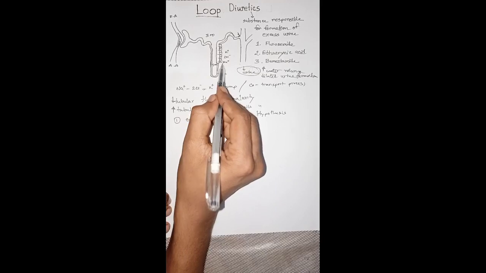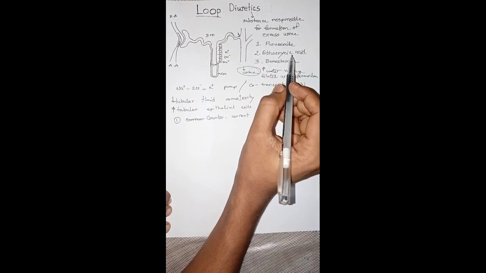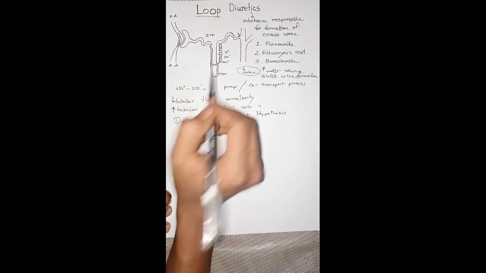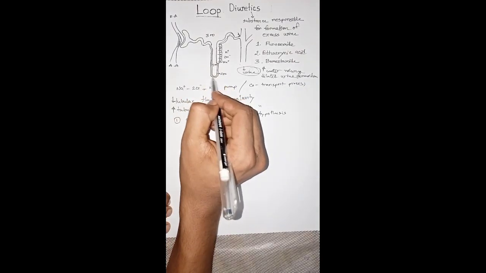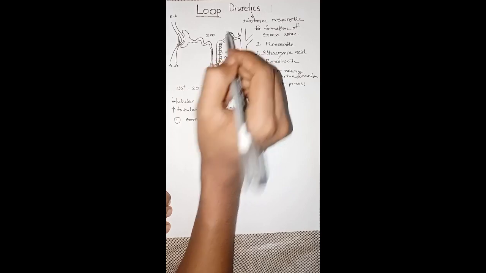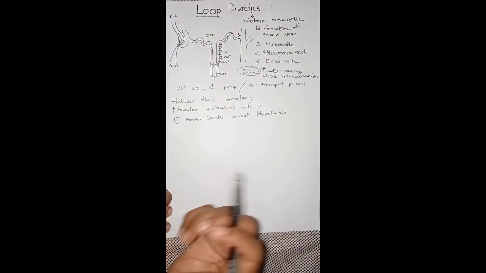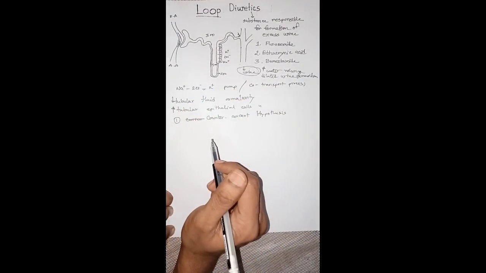So when this pumping activity is lost due to these three substances, water cannot be reabsorbed from this site either. This water will now pass through the ascending loop of Henle, distal convoluted tubule, collecting tubule and collecting duct, and then be excreted in the urine.